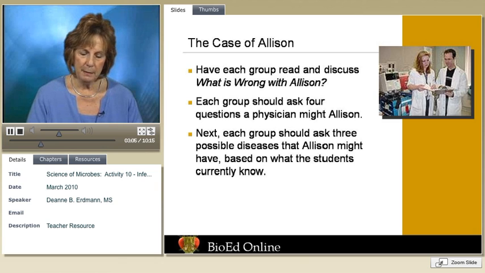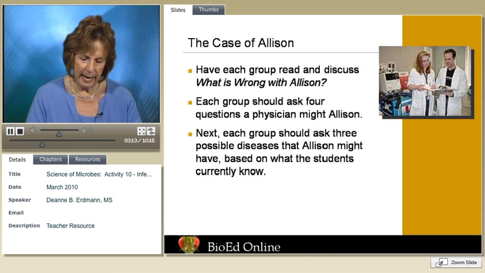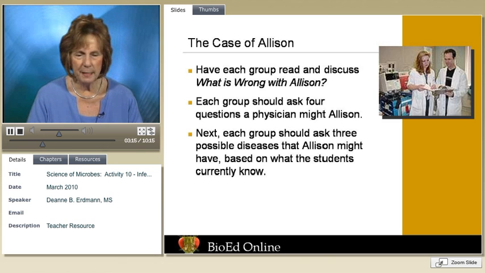She's missed only one day of school, so she's not a habitual school skipper or a hypochondriac. She woke up in the morning with a headache and a sore throat. She wasn't hungry. And her mom felt her forehead. She felt a little warm. She took her to the doctor because Allison's cousin had strep throat. So that sort of sets the scene.